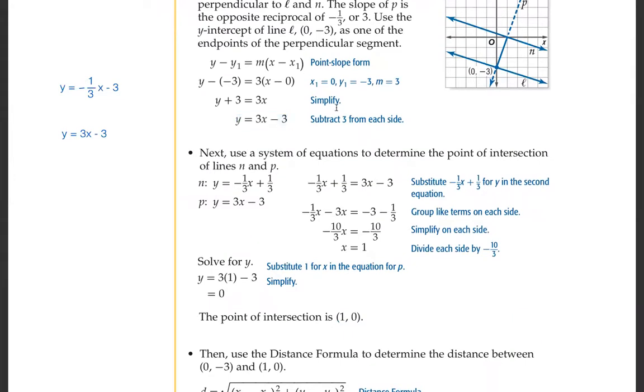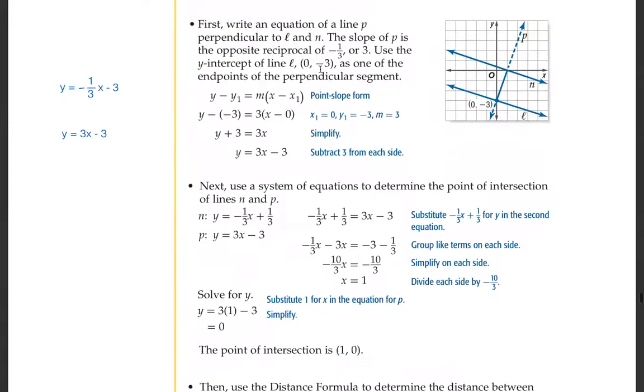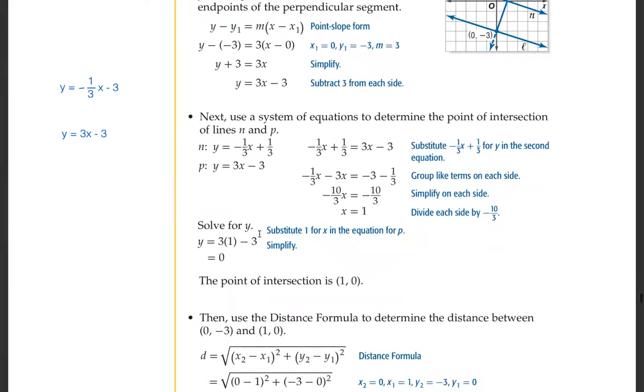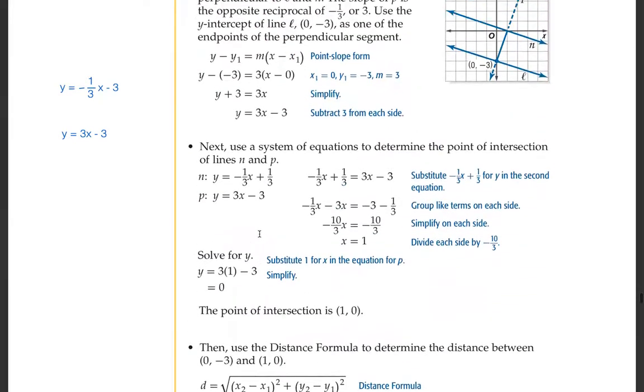Take note that our first two equations intersect at (0, negative 3). This is the common point between line L and line P, so this is your first point of intersection here. This process will help us identify the ordered pair over here, because we need two points to solve for the distance between these two parallel lines.